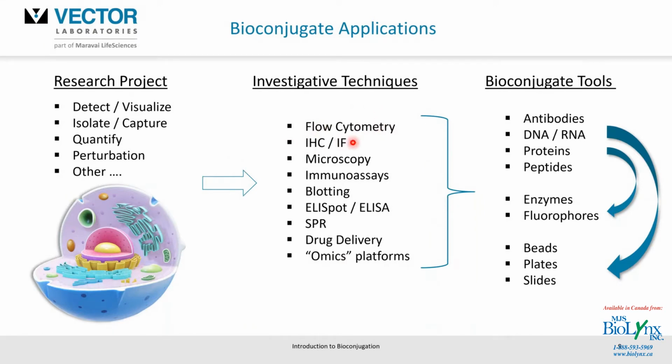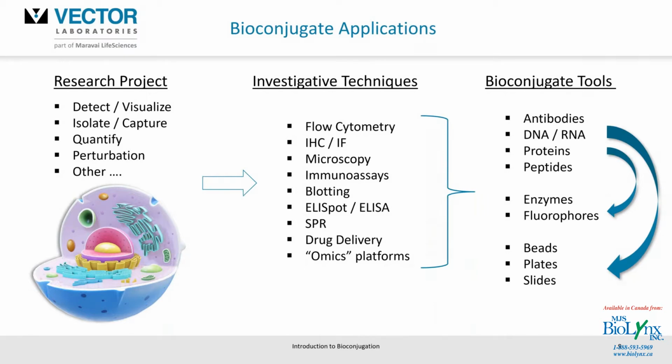antibody, some cell or tissue-based staining, microscopy such as electron microscopy, for example, or immunoassays such as lateral flow, protein or Western blotting. Maybe you'd quantify something with an ELISA. Surface plasmon resonance is certainly gaining popularity out there. Maybe you want more defined drug delivery, and I'll show you an example of that coming up. Or indeed, maybe you're working with an omics platform.